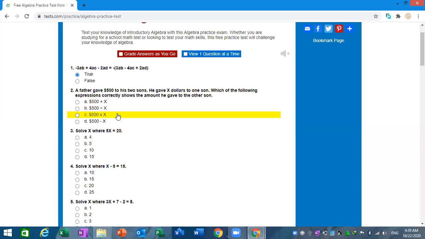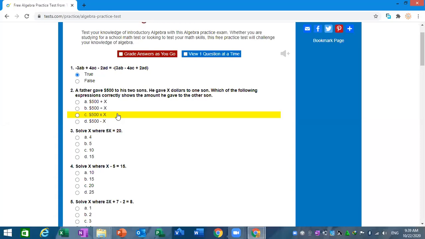Exactly. So a father gave 500 to his 2 sons, right? I'm sorry. Sahar. You mean the son that got the X dollars or the other one? The other one. Which of the following expressions correctly shows the amount he gave to the other one?